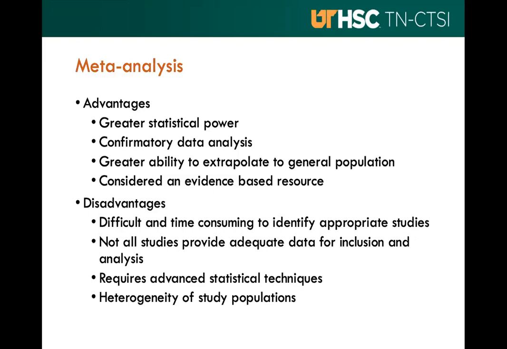You can buy a license for a few computers for about $200, $300 and use it for many years. Another one is RevMan 5. We'll look at those statistical analysis techniques at the end.